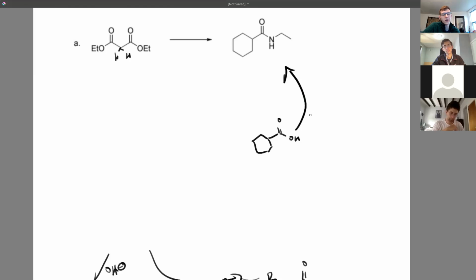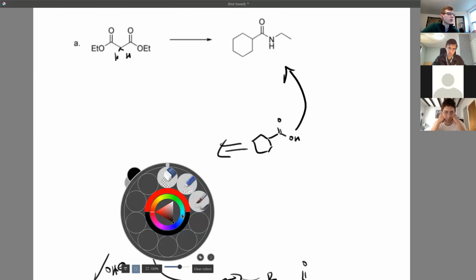I mean, it's not easy. It takes 2 steps, or it could take 1 step if you want to just blast it with heat. Either way, we know how to do this part. But we want to get here, which means at some point, you can sort of imagine where the other carbonyl used to be. So we want the other carbonyl.